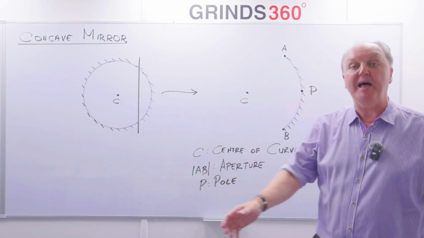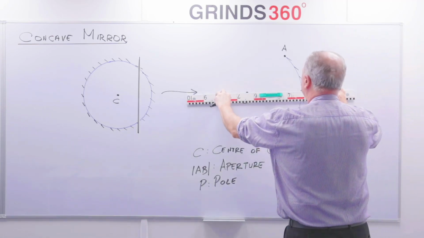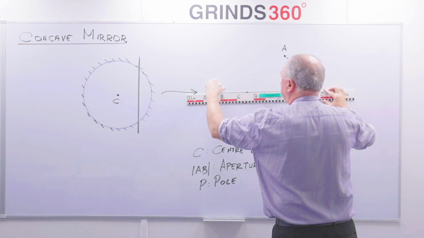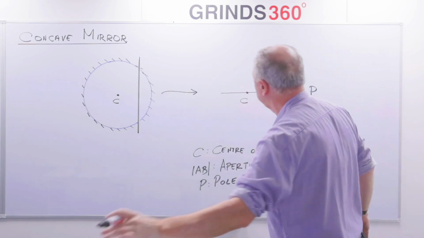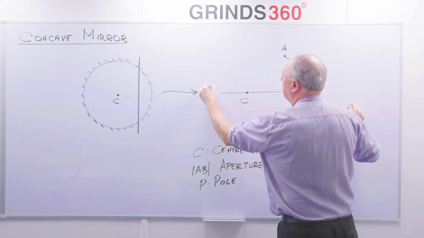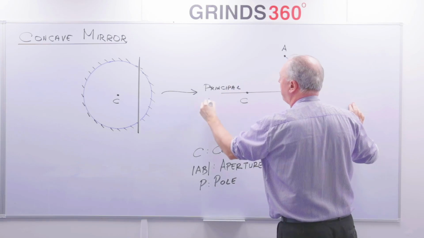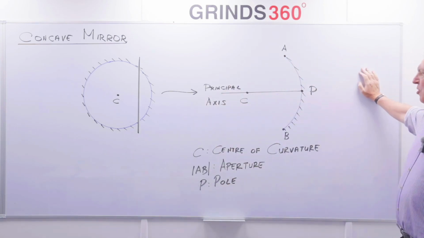If I draw a line from the pole out to the center, this line here, this is a very important line. This line is called the principal axis. One more thing we could talk about is the radius of curvature.